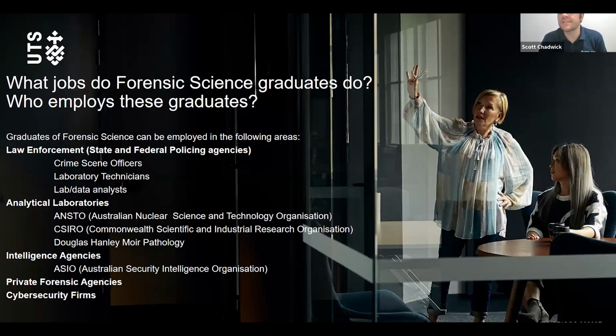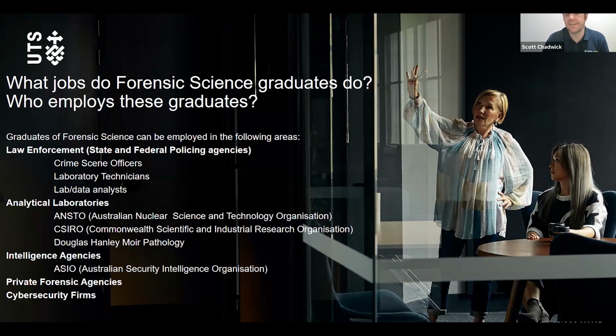And this is reflected in the jobs that our graduates will get. So a lot of them will move into law enforcement and policing agencies in a range of different roles. We have a lot moving into laboratories. So just general lab work, pathology, hospital scientists, those sorts of things.